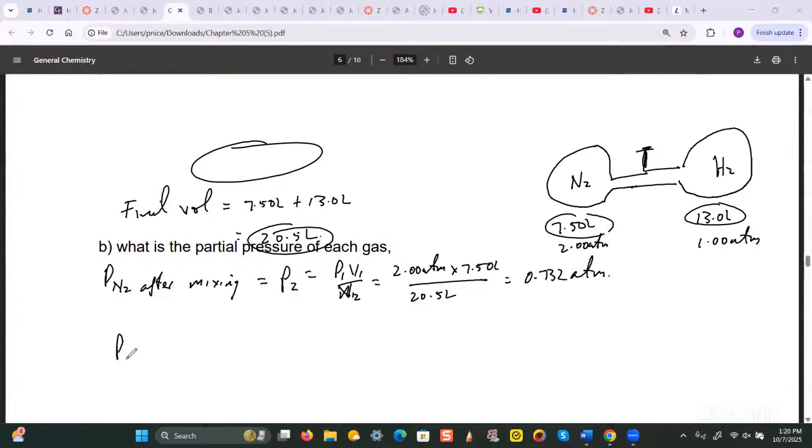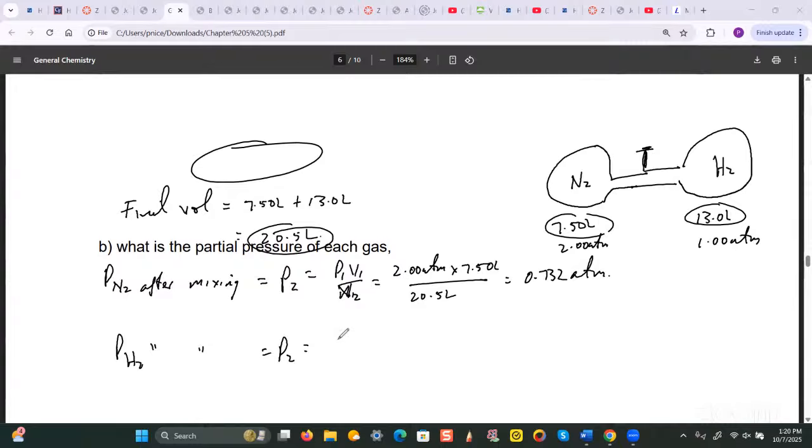What about the pressure of the hydrogen after mixing? That would be equal to what? You use the values.